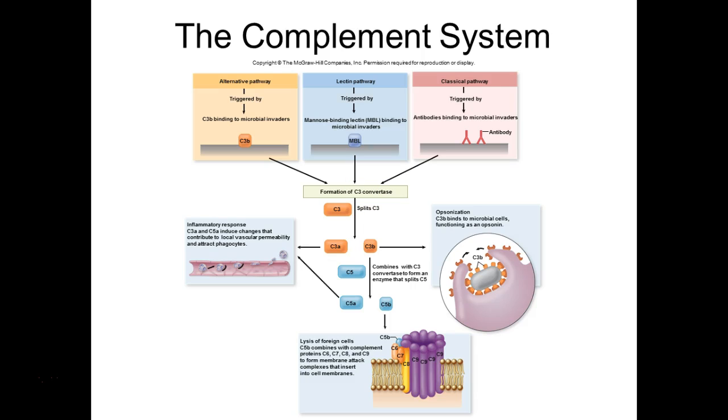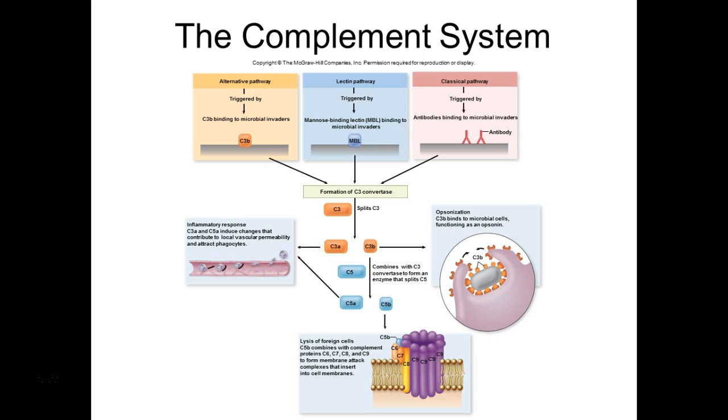And remember, our C3b is our opsonizer, right? It's going to bind to the microbial cell walls or membranes and tag it for destruction by our phagocytic cells. Our phagocytic cells have receptors for C3b. They readily will gobble up any microbe coated in C3b.